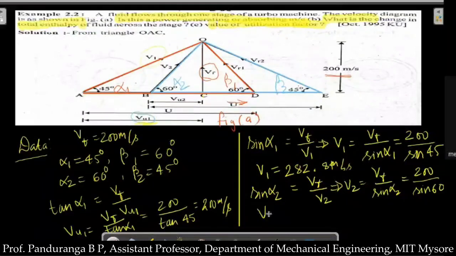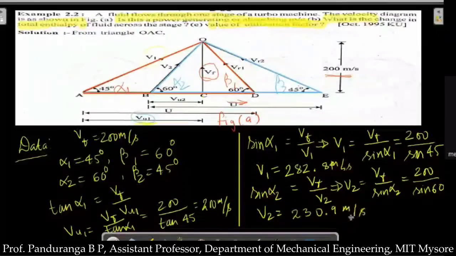So V2 will be equal to 230.9 meter per second. I request everyone to use your calculators and calculate these values.